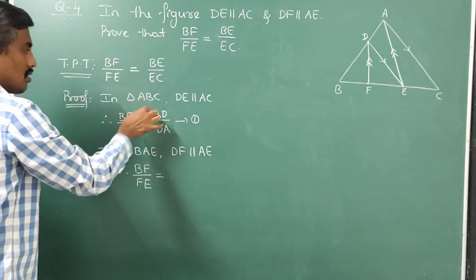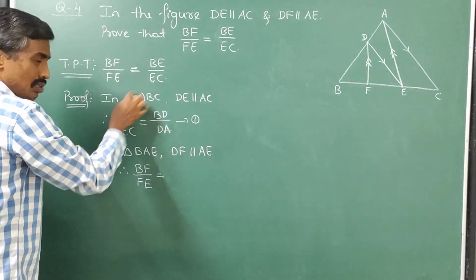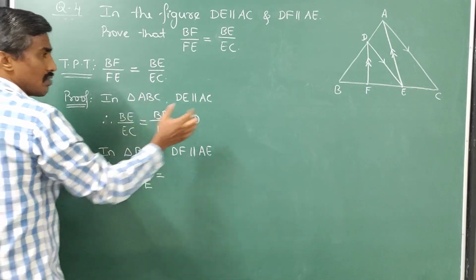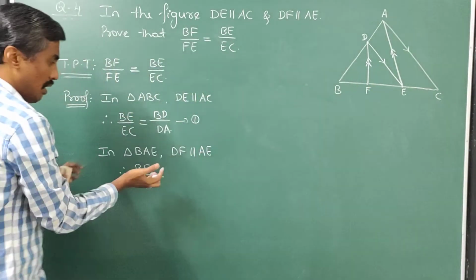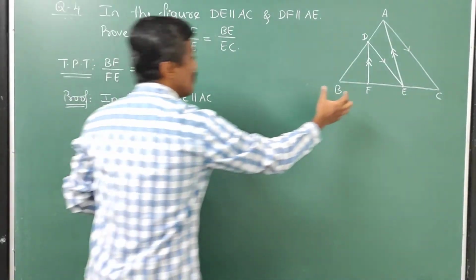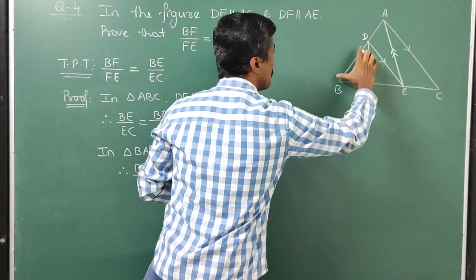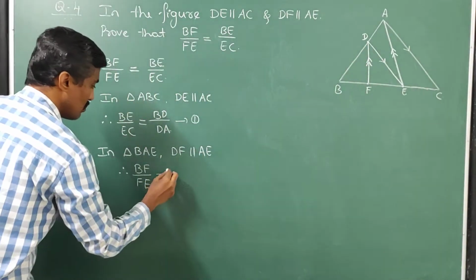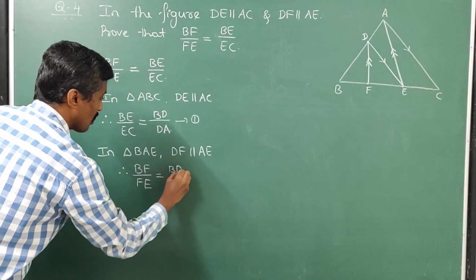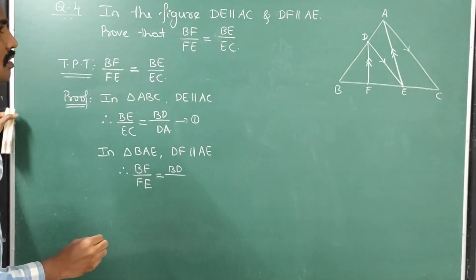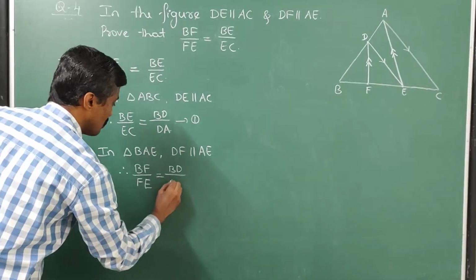In the earlier problem, in the earlier triangle ABC, we started from the base, correct? Here also, apply from the base itself. BF divided by FE is equal to BD divided by DA.